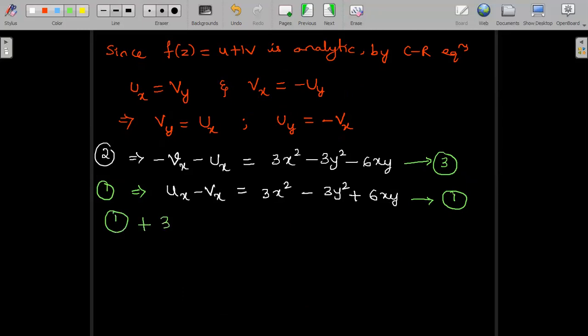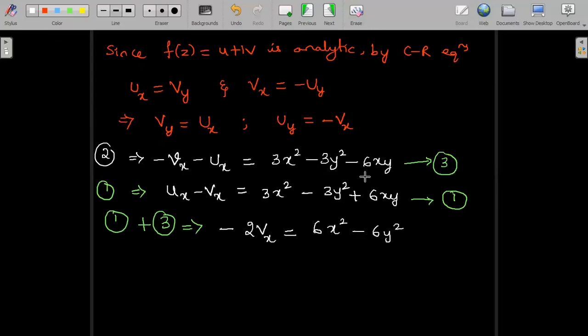Equation 1 plus 3 implies, let us add equation 1 and 3 first. Left hand side you observe, when we add equations 1 and 3, ux gets cancelled and we have minus 2 times vx. Vx is getting added up. And when we add these two in the right hand side, 3x square plus 3x square will give us 6x square minus 6y square.